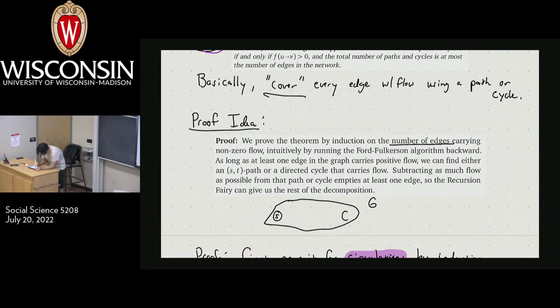We're going to take any path from S to T. So we have our path from S to T. It has some amount of flow. It's an augmenting path. And then we're just going to kill it. So we take this path, we construct our capital F, and then we subtract F from this flow.